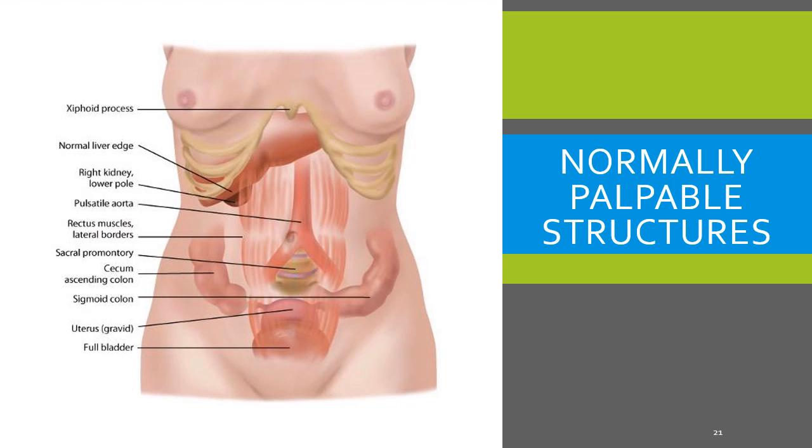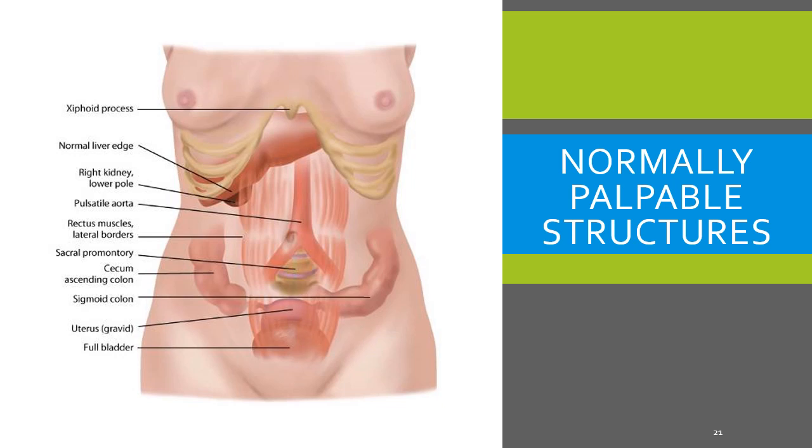So what can you normally palpate during your assessment? Well, the xiphoid process and the ribs, a little bit of that liver edge underneath the right costal margin. And if you're really palpating deeply, maybe the lower pole of the right kidney.